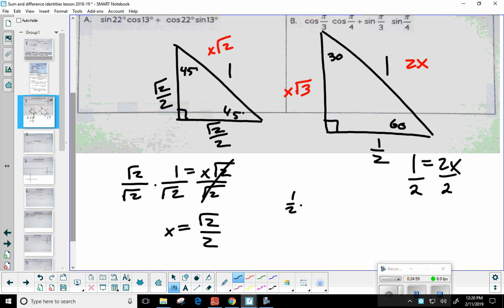So 1/2 times the square root of 3, well, what's that? And let's put it over 1 to make it a little easier. Square root of 3 over 2. There we go. And this is where you simplify the formulas.